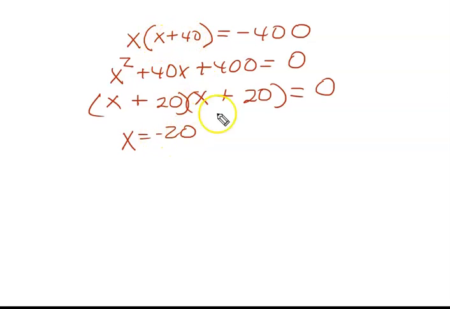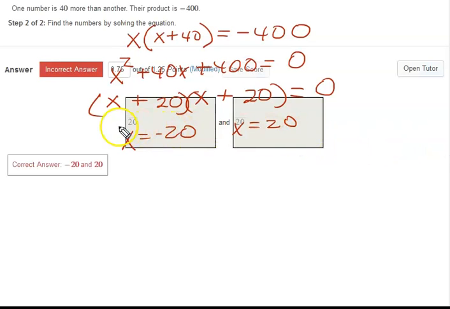And then if we add 40 to it, we get the other answer, x is positive 20. So these are our two numbers. Going back to our regular, there's a 20, and there's a negative 20. Again, this person had it incorrect there, so they lost points on this.